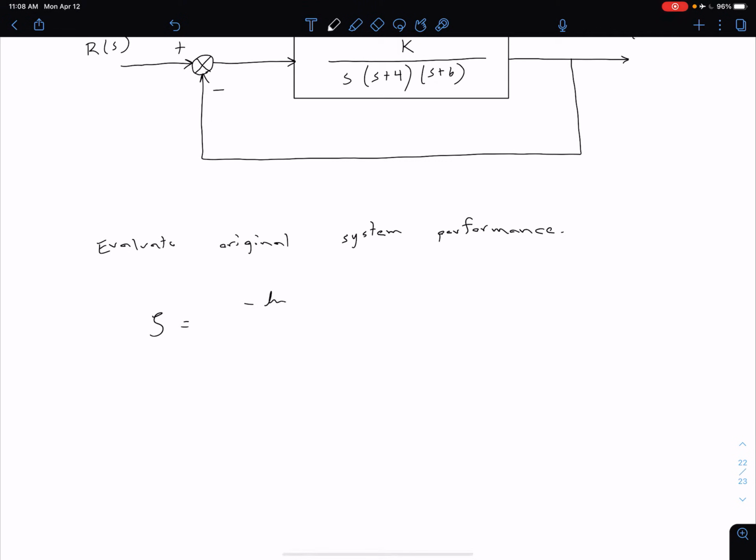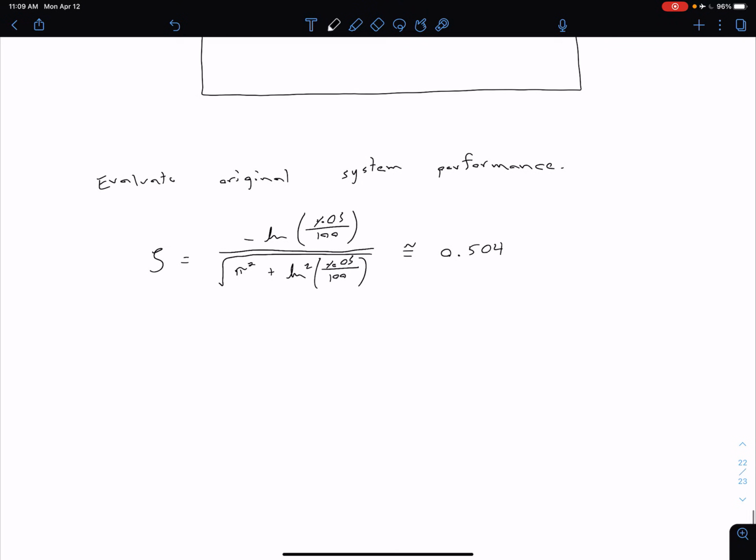So our damping ratio is negative natural log of our percent overshoot, in this case 16 divided by 100, and that is divided by the square root of pi squared plus natural log squared of that same ratio of percent overshoot divided by 100. And so if we plug in our 16% overshoot, we find that our damping ratio in this case is approximately 0.504.